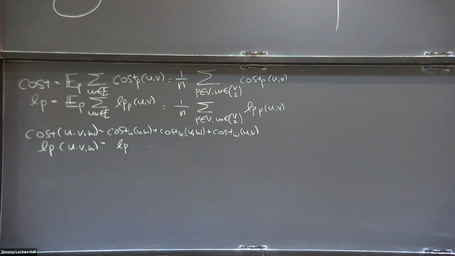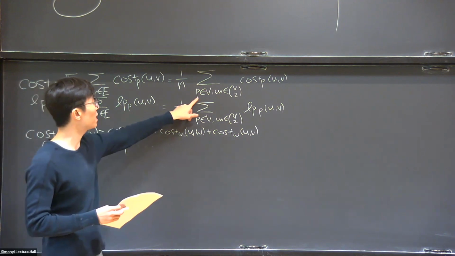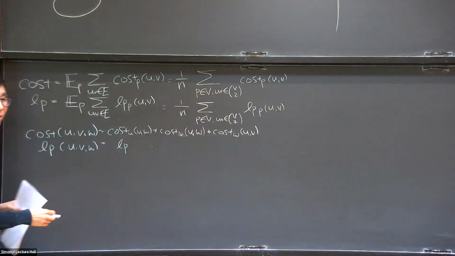Then I amortize this thing. Of course, there is some nuance here because the P can be equal to U or V, and you need to define it.